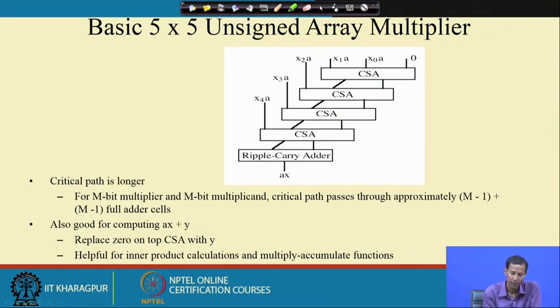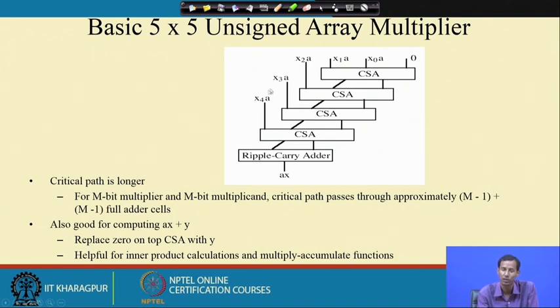But it can be a good solution for computing Ax plus y. How to do that, we will see later in this slide. As we have discussed, the structure is very regular.